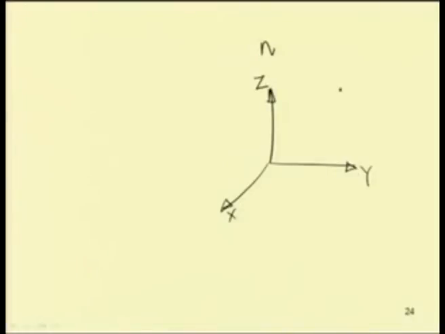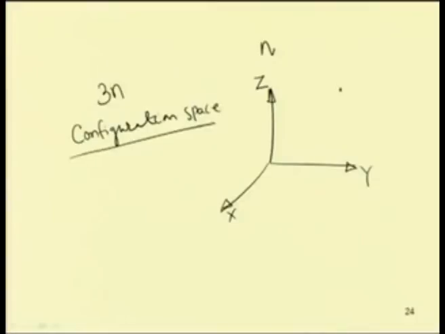For each particle, for the first particle it is x1, y1, z1. So for n particles we can have a 3n configuration space. We can imagine a configuration space in which all these n particles move from one position to another position.